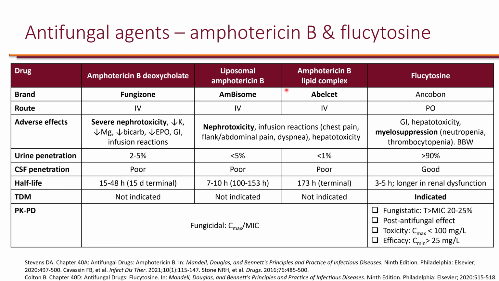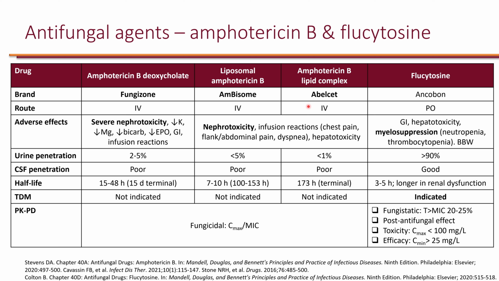So let's take a look at the different amphotericin B formulations. Currently there are 3 on the market. There used to be a 4th one, currently not available, but we'll focus on the 3 that are on the market. So the classic one, the conventional amphotericin B, is deoxycholate.